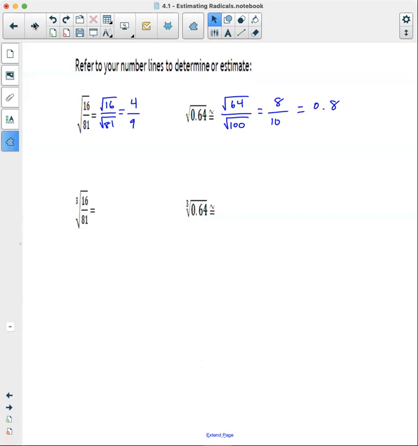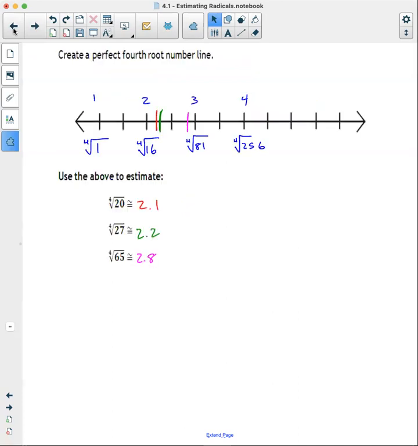Let's continue. So the cube root of 16 divided by 81. So again, let's take the cube root of the numerator and denominator separately. So that equals the cube root of 16 divided by the cube root of 81. Those are not perfect cubes. So let's jump back to our number lines.